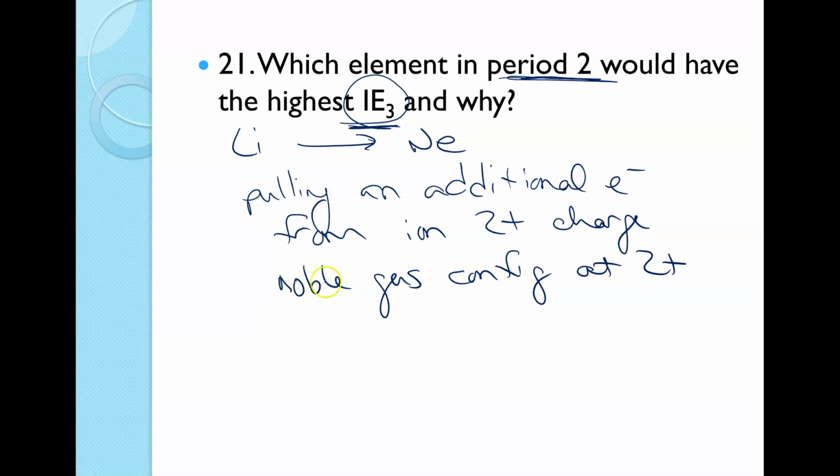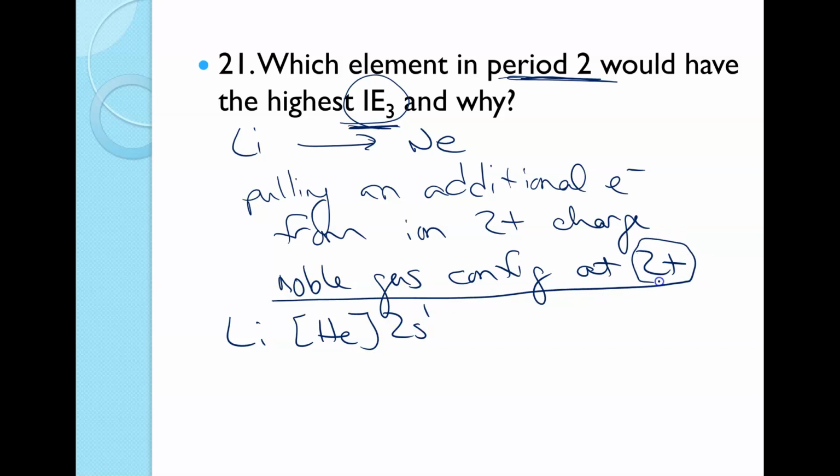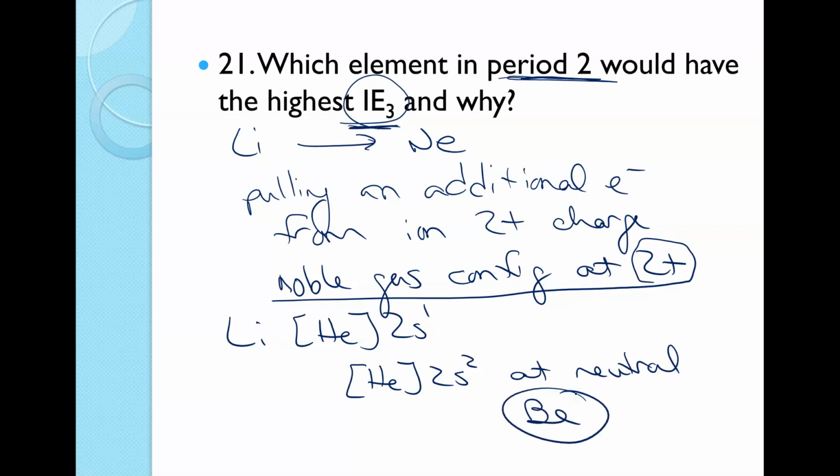The noble gas for lithium, for example, is helium 2s1. So if it's a noble gas configuration with a positive 2 charge, that means it's helium 2s2 at neutral. That means we're talking beryllium. So what I do is identify the minimum noble gas, and then I add those 2 electrons to it and figure out what it is.